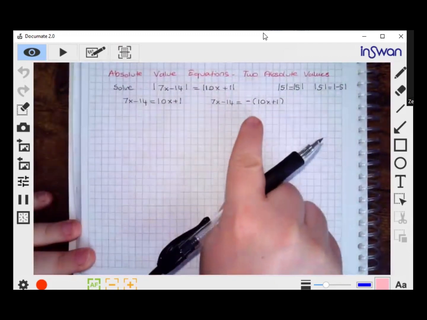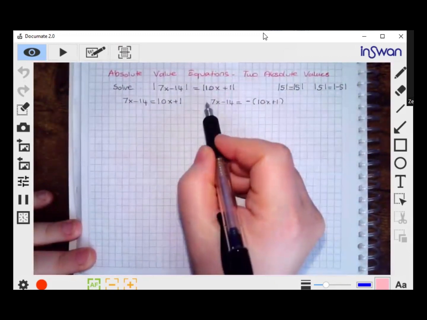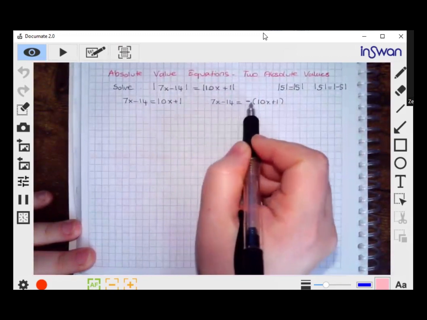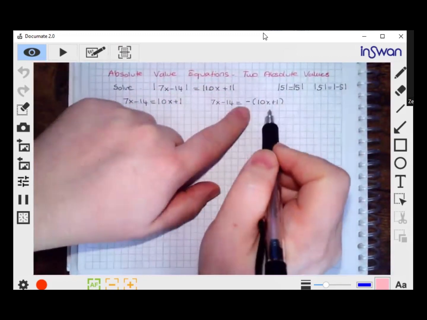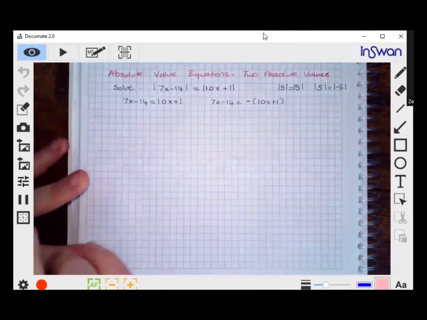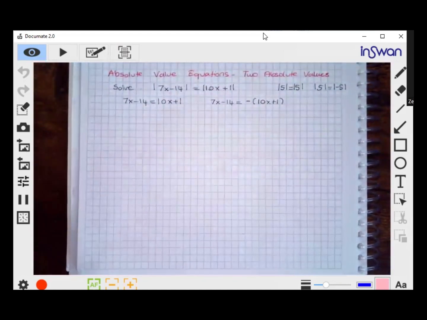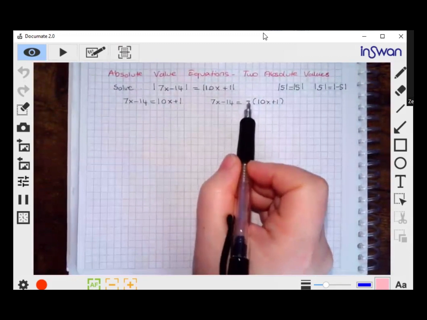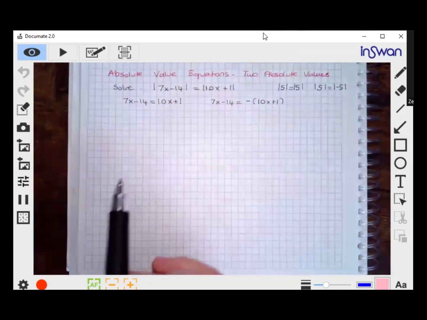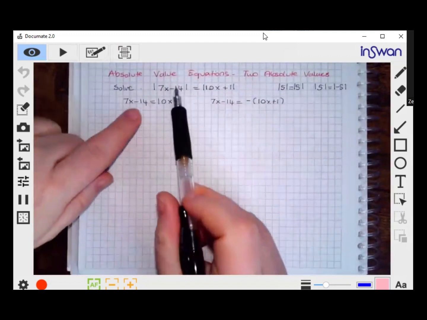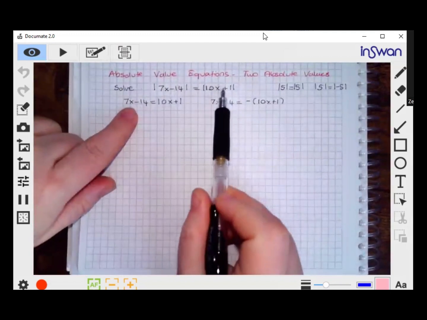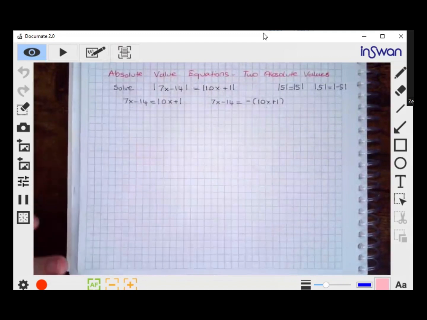It doesn't matter which one you put the minus in front, so you can keep one of them the same and just multiply the other one by negative one. You will find the same answer regardless of which one you put the negative in front, but just choose one. So for consistency, I just keep the first one the same and multiply the second expression by negative one.